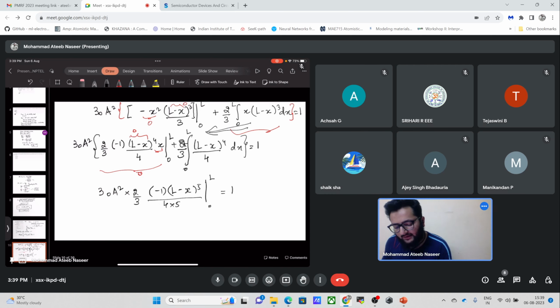I have integrated this thing, (L minus x) raised to the power 4 by 4, and differentiated the first expression. Yes, okay.